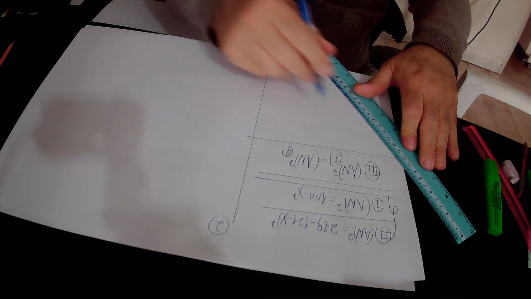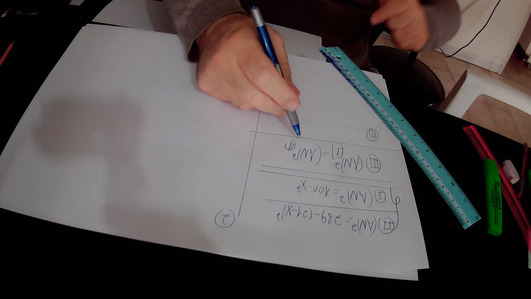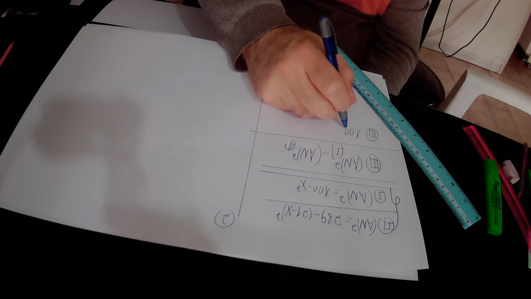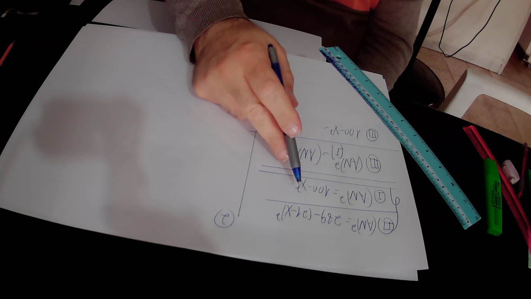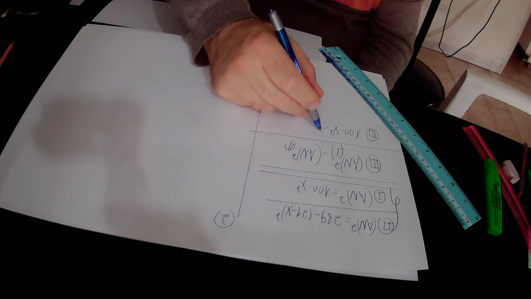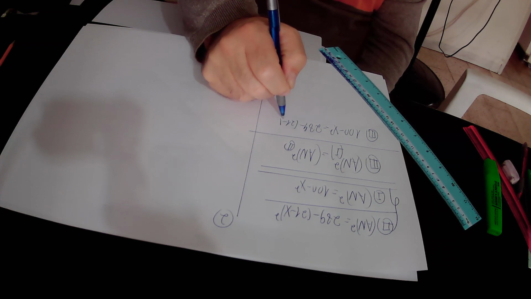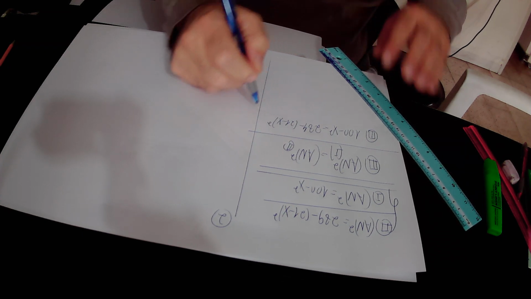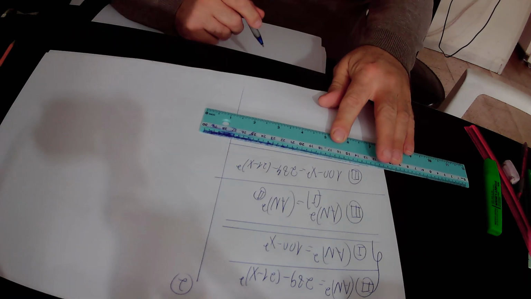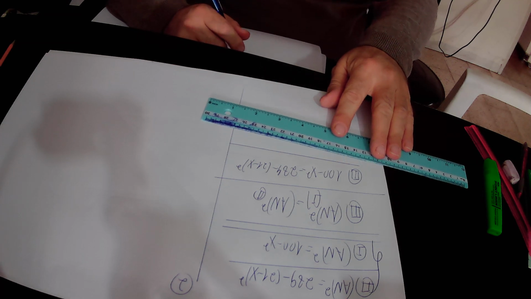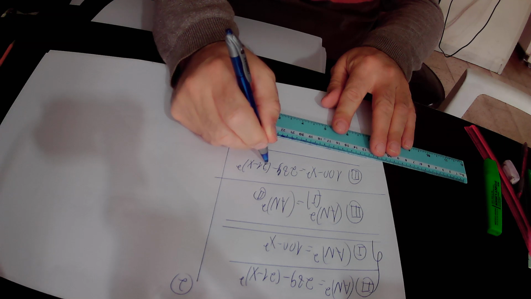AN squared according to equation 1 equals 100 minus x squared, and AN squared according to equation 2 equals 289 minus 21 minus x squared. So according to equation 3, 100 minus x squared equals 289 minus 21 minus x squared.